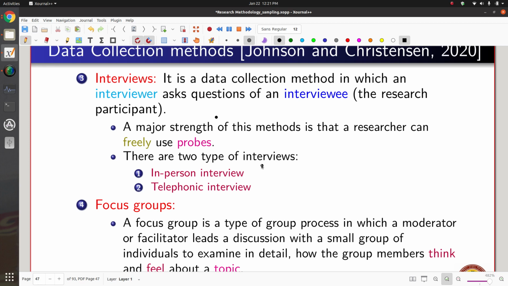Otherwise you have to pay for this kind of interview, and it is also required that the interviewer should be familiar with this kind of telephonic interview system. If you are not familiar, then you may need to hire a professional and pay for that. Once you hire a professional, he or she will be an expert, and will ask your participants the questions given by you and collect all the answers.